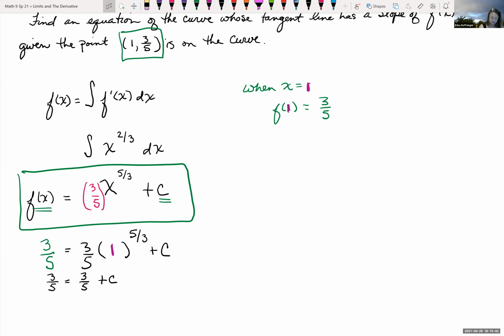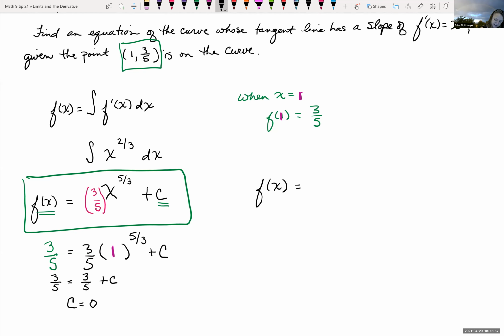If we subtract 3/5 on both sides, we get that c is equal to 0. So we found the equation of the curve. The curve would be f of x is equal to 3/5 x to the 5/3. C is 0, so adding 0, I don't need to write that.